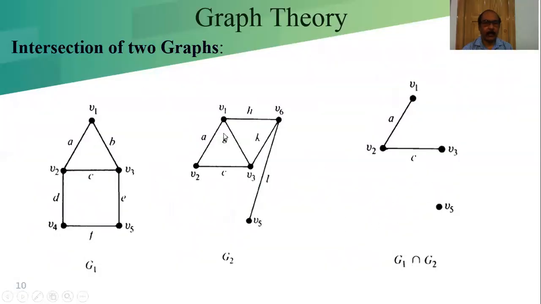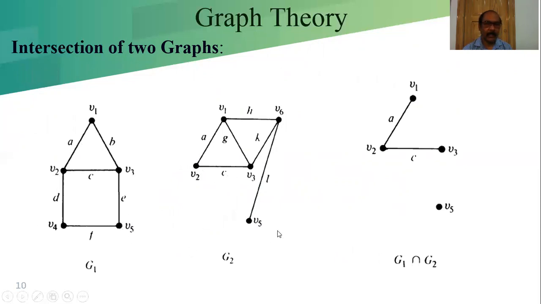Now another example of this. This is one graph and this is the other graph. G1 is the graph. What is common? V1 A V2, V2 C V3, and another common vertex is V5.